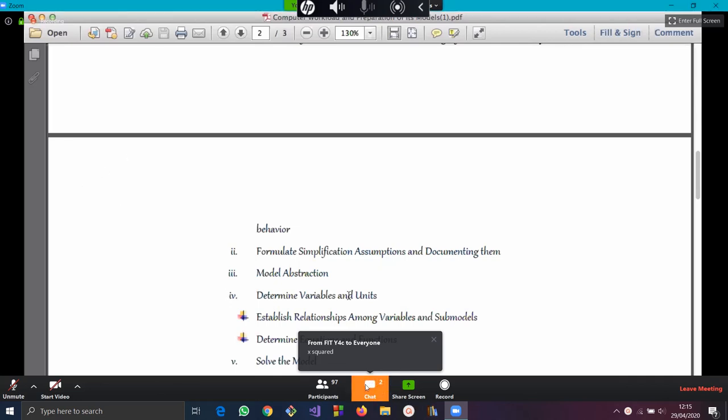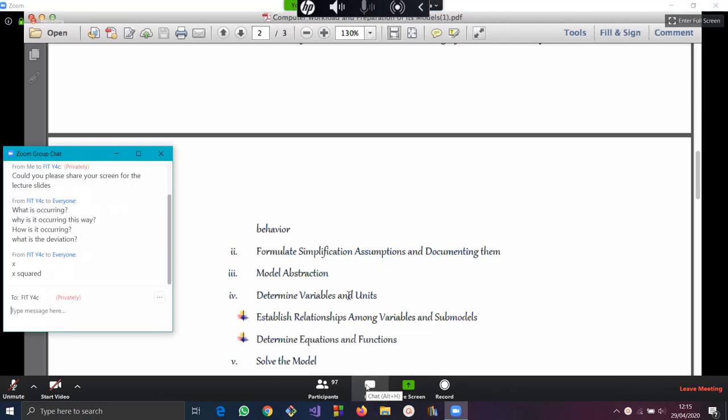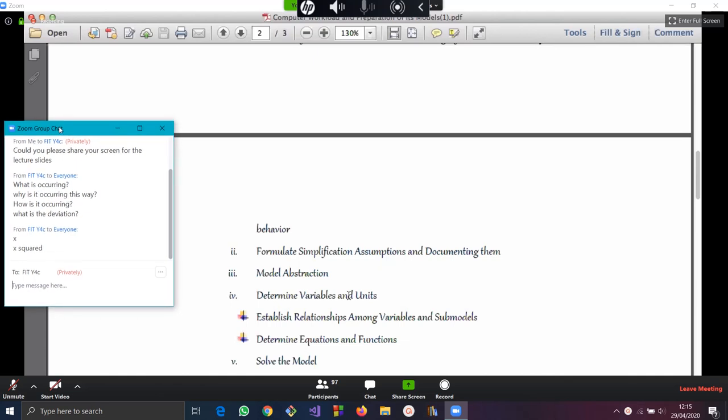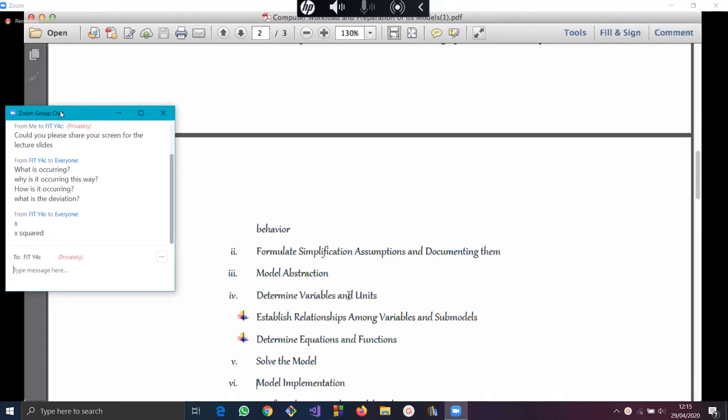I'll say x squared is equal to x multiplied by x, right? Such that that is what I can actually say. So then I can say, all right, please, you can check on the chart.